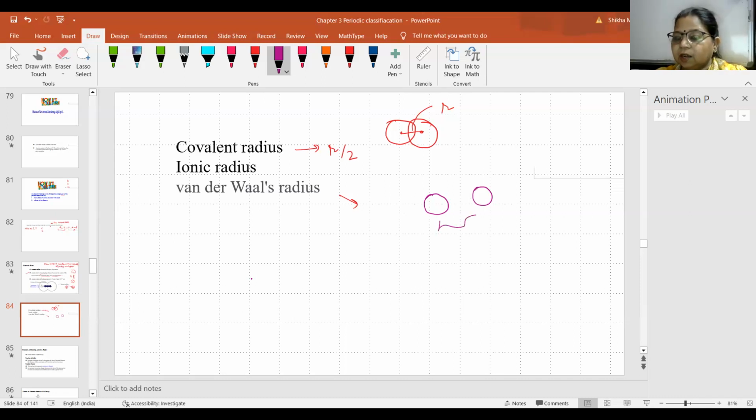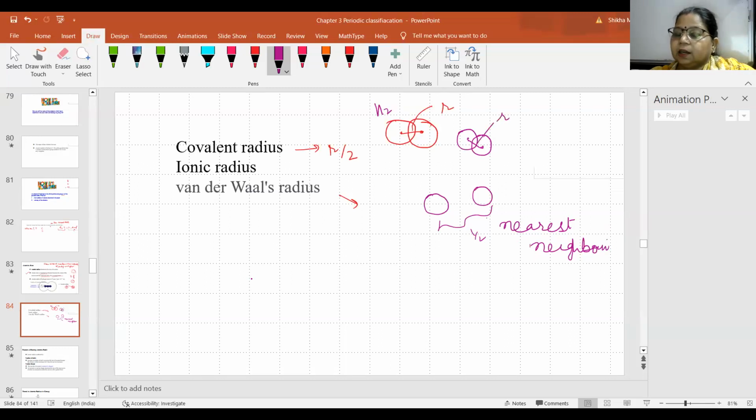This is half of the distance between two nearest neighbors. If I talk about hydrogen gas, it is one H2 molecule. This is the nearest H2 molecule, right?